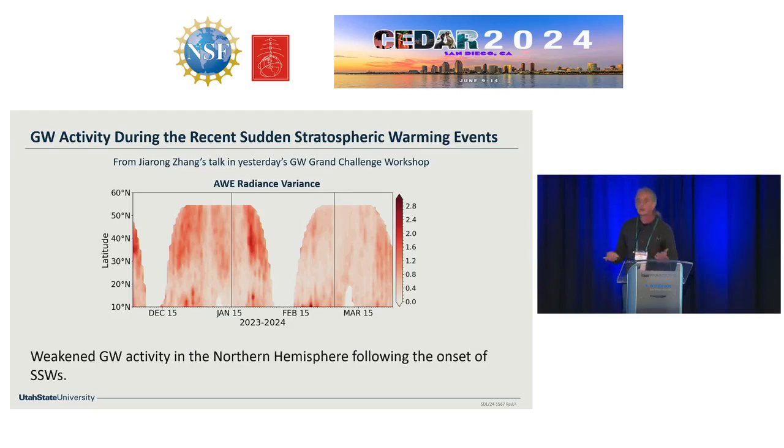Now, we also started to use the data for science observations. This is for an investigation of the gravity wave variance, the activity before, during, and after a sudden stratospheric warming event.